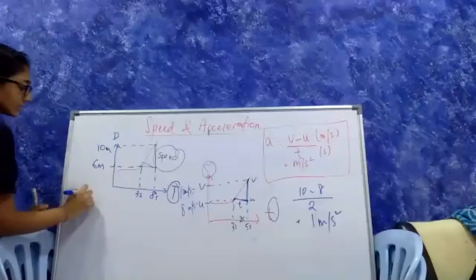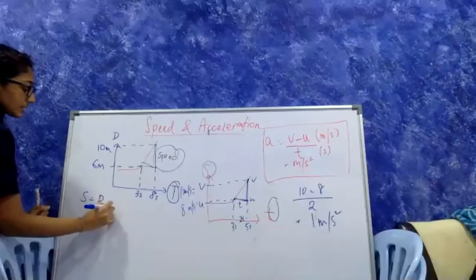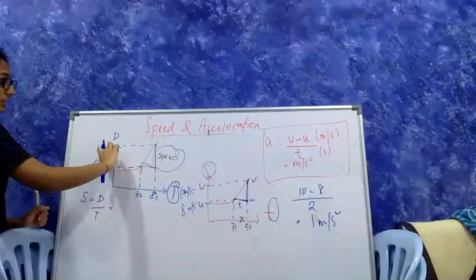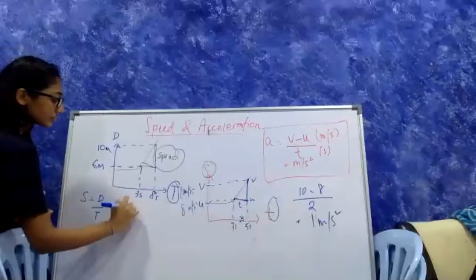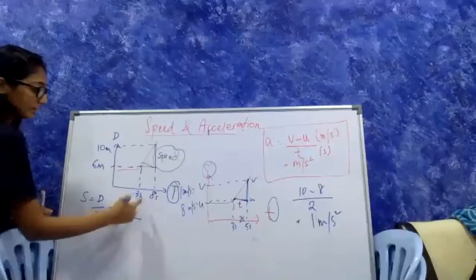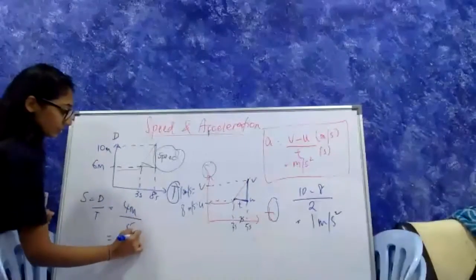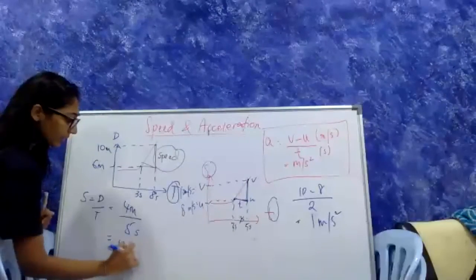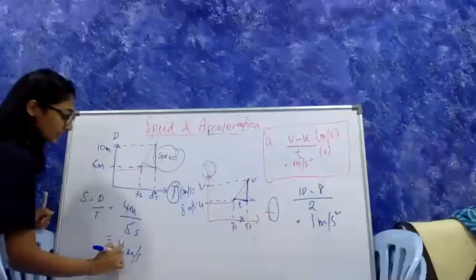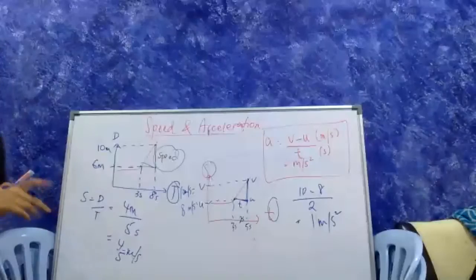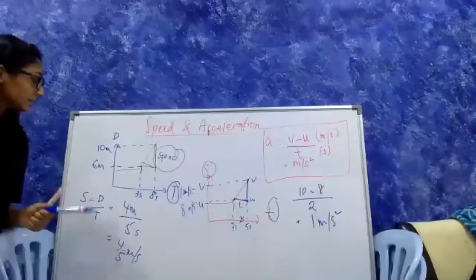Speed is distance over time. My distance from here to here is 4, and my time is 5. So it is 4 over 5 meters per second. That is my speed. So basically it's calculating the gradient.